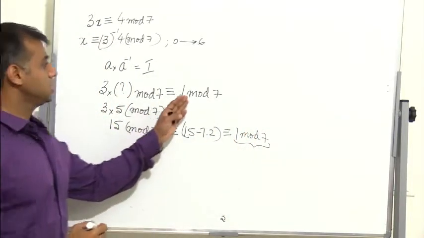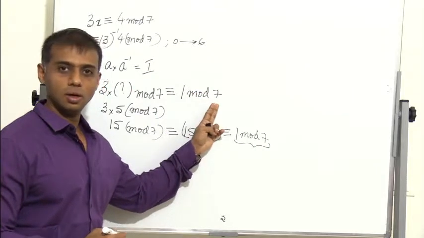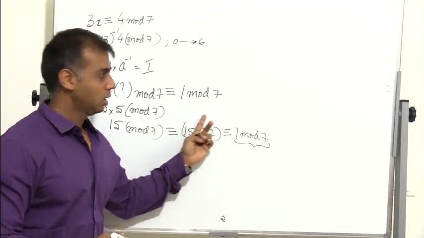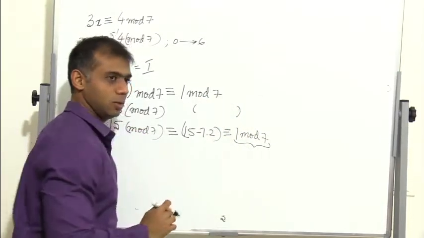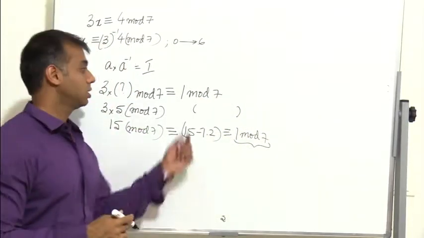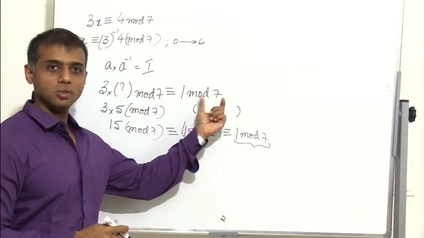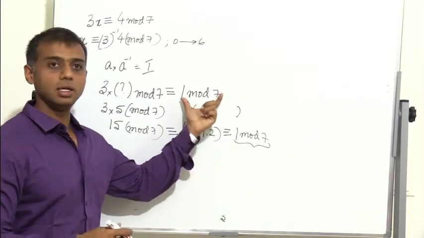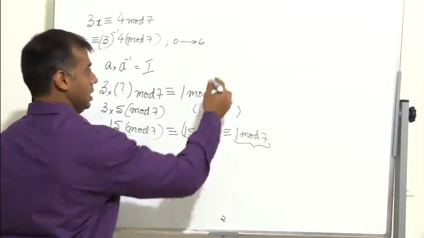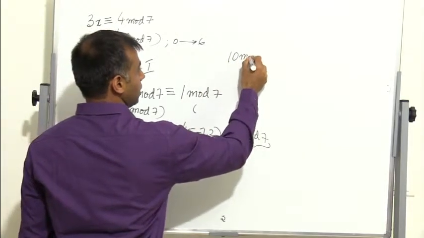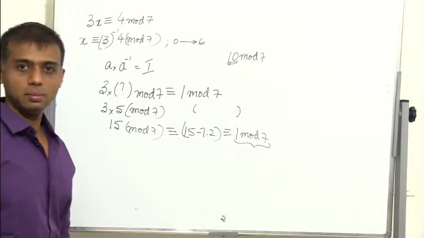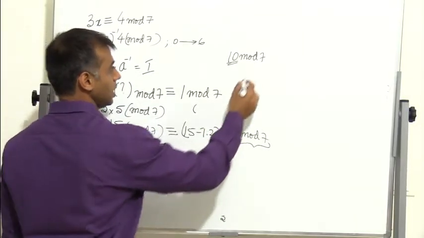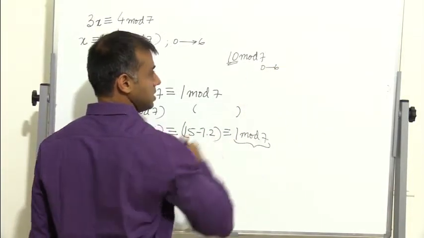If the number is greater than the mod value, I need to subtract multiples of m so that I get a number within the range 0 to m minus 1. For example, if I have 10 mod 7, 10 is not a valid number in mod 7 because I have numbers ranging from 0 to 6.